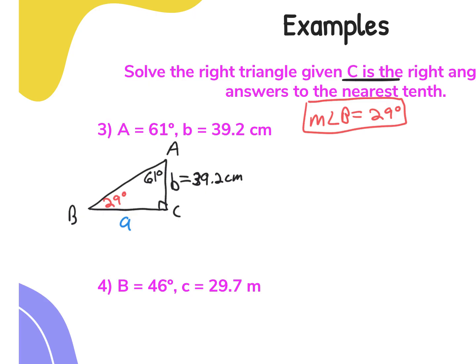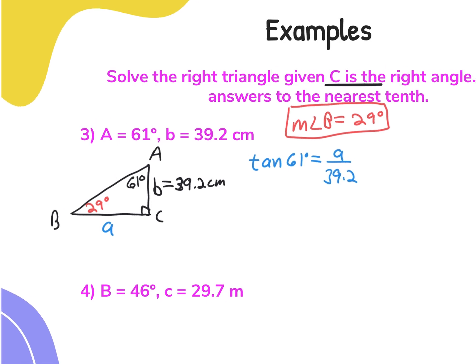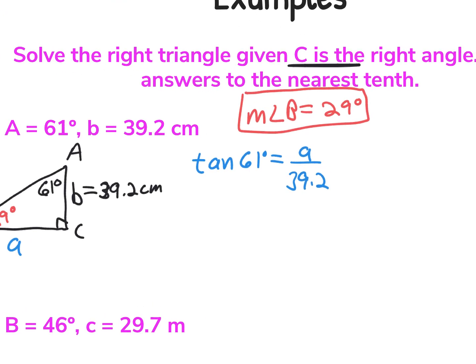All right. You can either use angle A or angle B. It doesn't matter which one. I'm just going to use angle A. So let's do tangent of angle A, which is 61 degrees. So tangent of 61 equals the opposite over the adjacent, 39.2. All right, and then how do we get A by itself? Good, right?